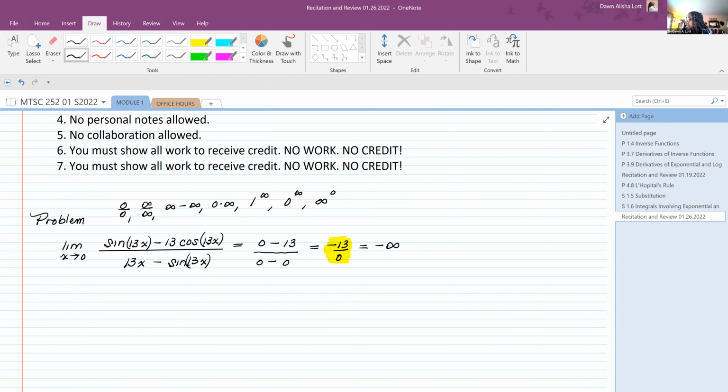Now, if there was an x in front of this, is there an x? Is there 13x cosine? No, it's actually not.